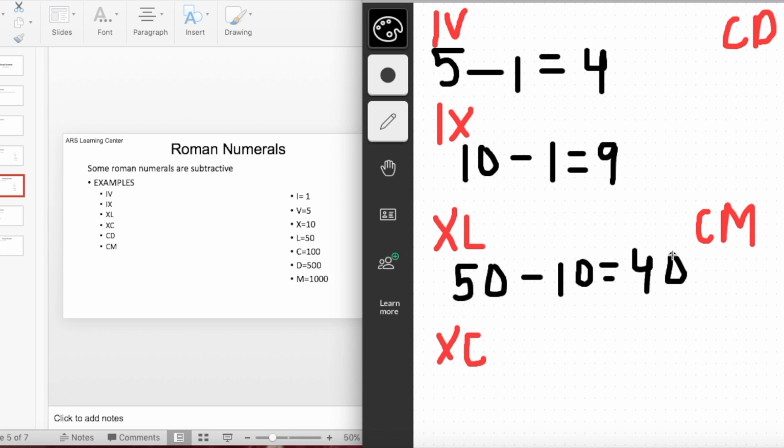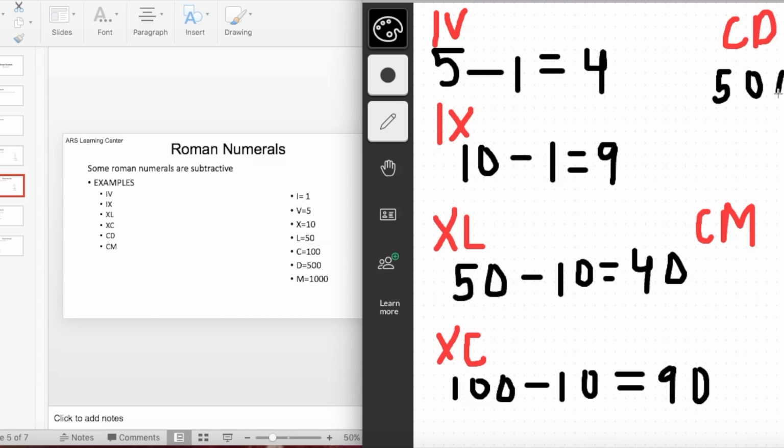For our next example, we have XC, where C stands for 100 and X stands for 10. So we have 100 minus 10, which is 90. Lastly, we have CD, where D stands for 500 and C stands for 100, excuse me, where you get 400.